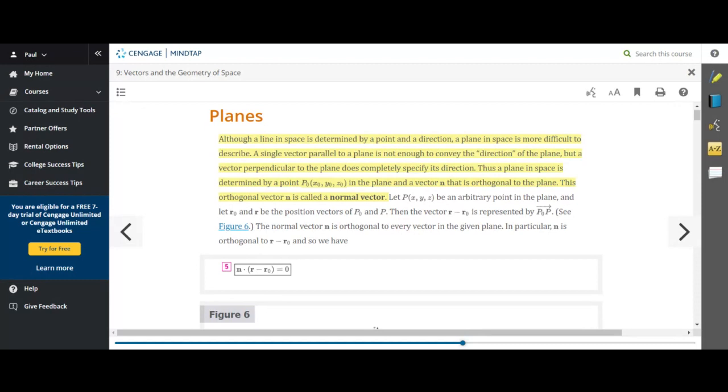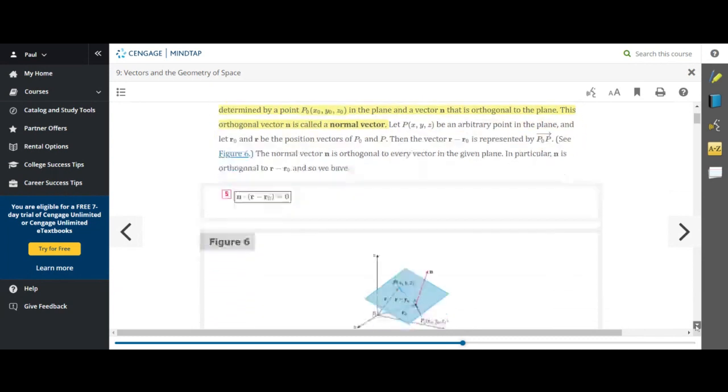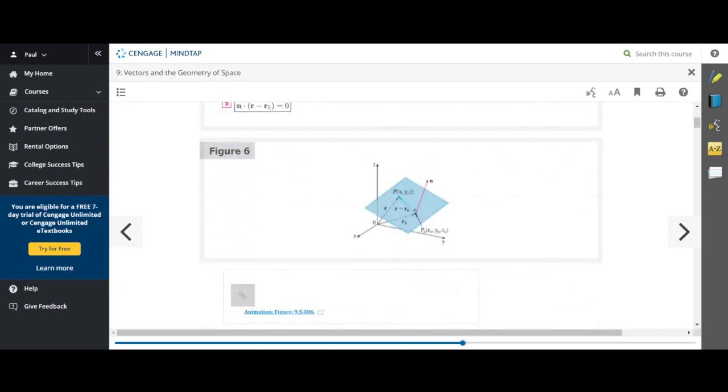So let's go here to a little picture. Let me bring the picture down. Figure 6. So here in figure 6, you have a plane and you have a vector that's normal to the plane. Then you have a point on the plane.